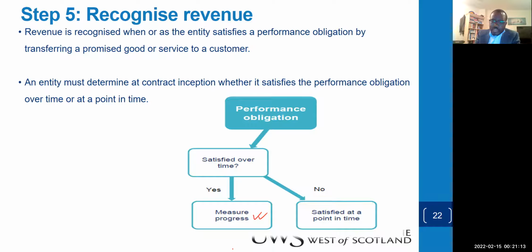But there are times that you go on to the project once and for all and you finish it. So if it was not satisfied over time, then it was satisfied at a point in time, once at a very particular point in time. We'll take these two elements one after the other, briefly.